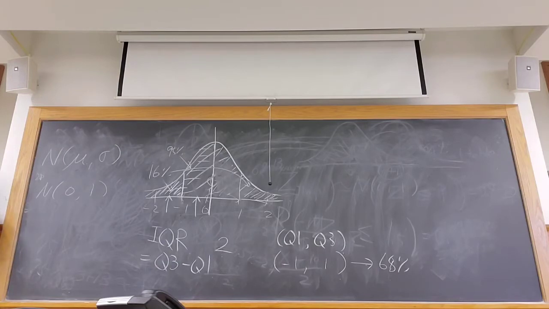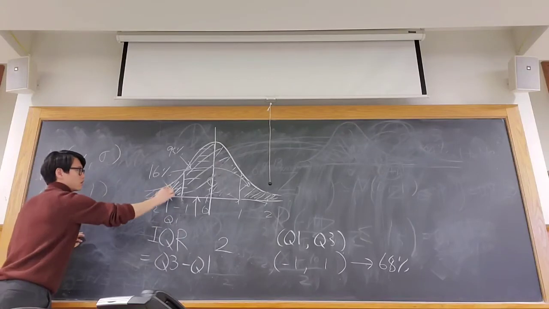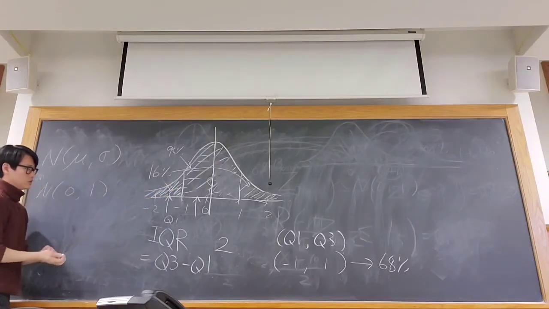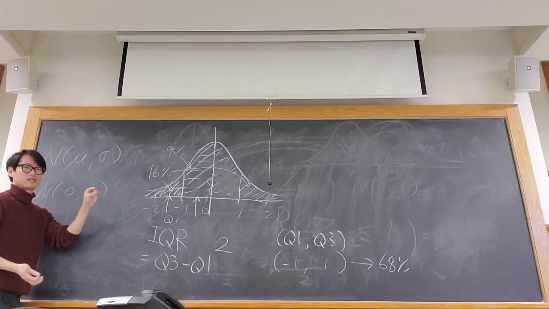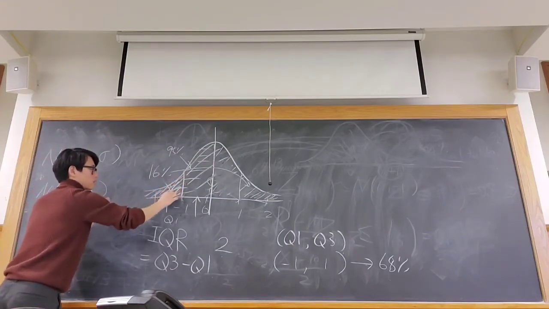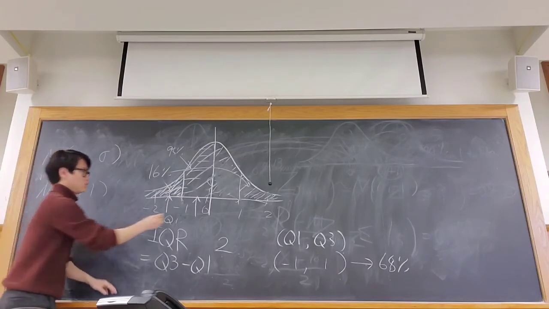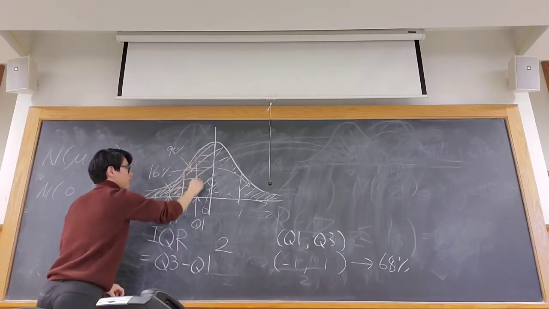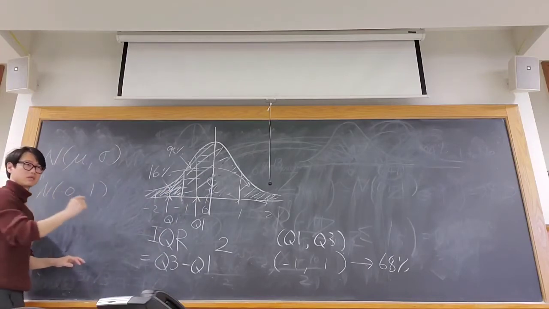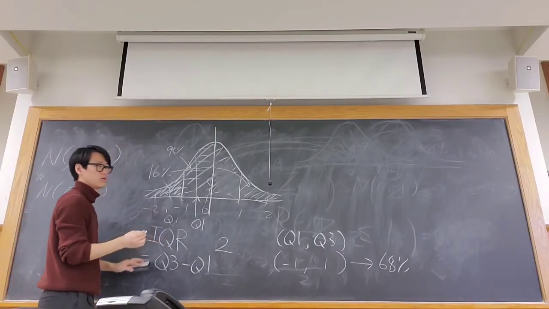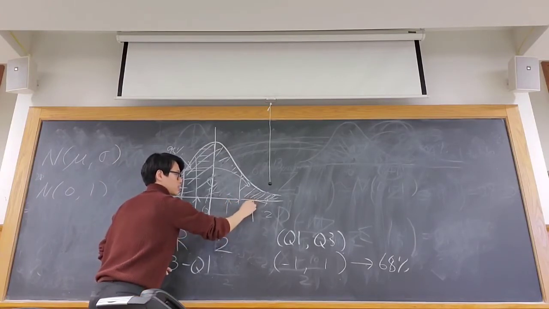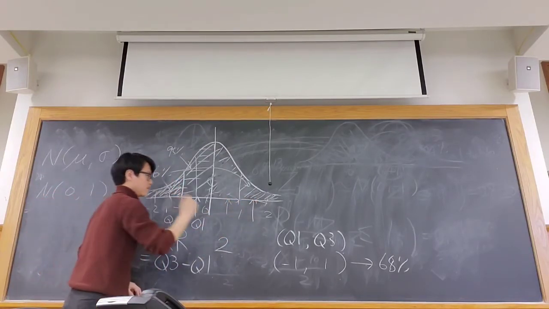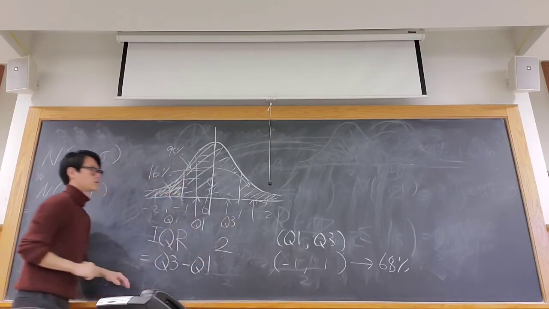So when you think about the definition of the first quartile, 25% of your data should be less than that number, right? But if you put Q1 here, that means this percent should be 25, but that doesn't make any sense because we know that this part corresponds to 16, right? So your Q1 should be around here, right? Does it make sense? So how about the Q3? Will Q3 be here or here? Between 0 and 1. Yep. So here.